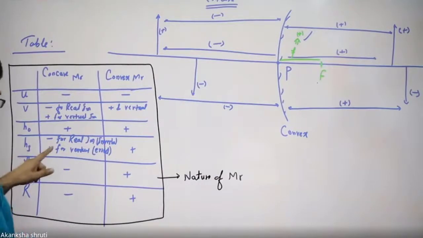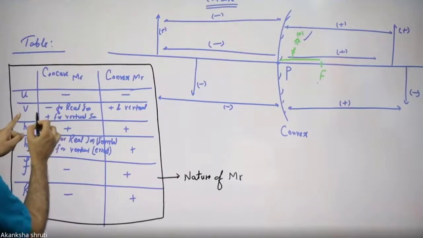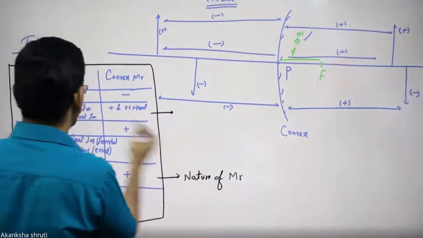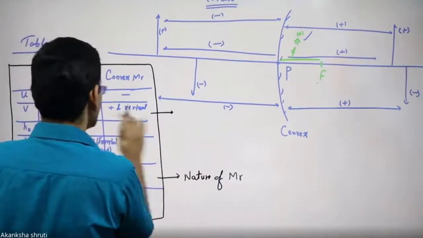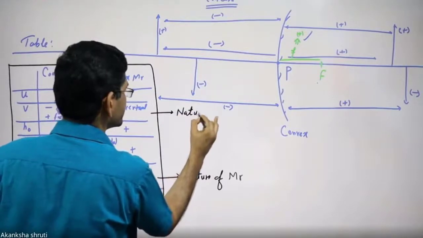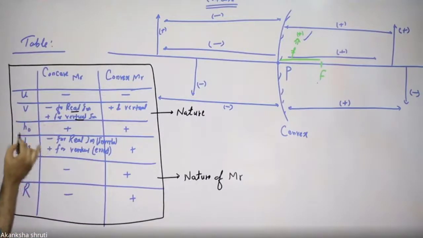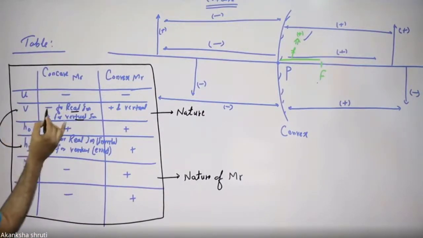Students, the sign of the height of the object, or even the position of the object, decides whether the image is real or virtual. This position of the object is also associated with it.